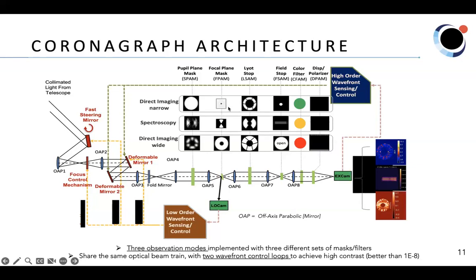Could you combine polarizer with some of the spectroscopy things? No, I don't think so. Oh, Tyler says yes. Okay. Yeah, absolutely. All right, awesome. You could, it's just a question of whether or not you get the field of view from that particular coronagraph that is in those modes.